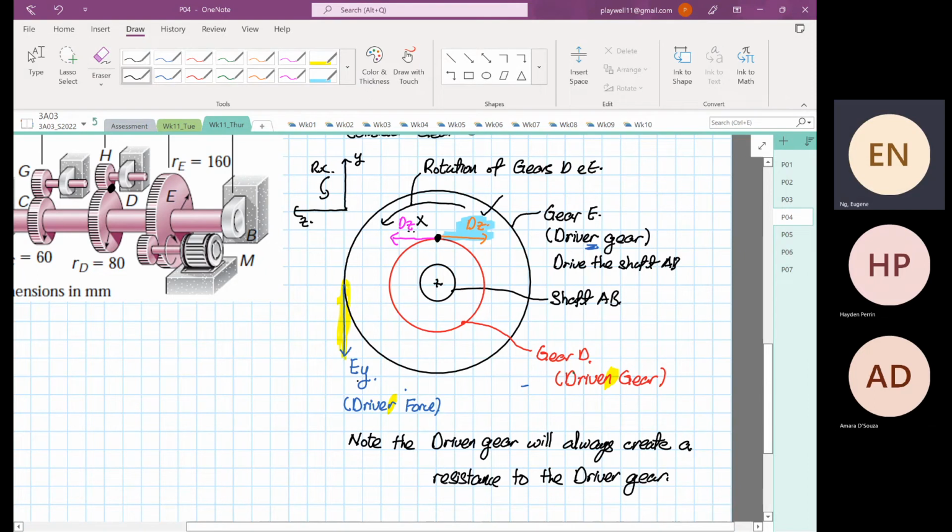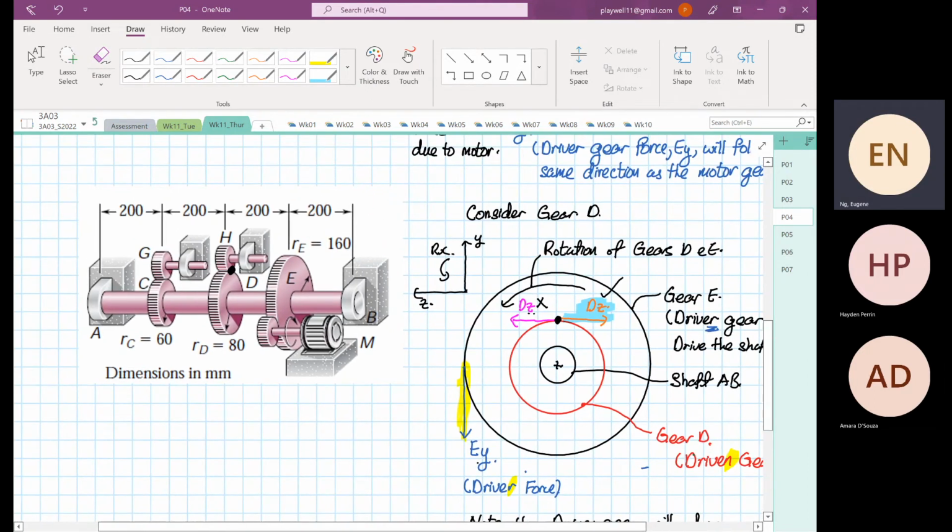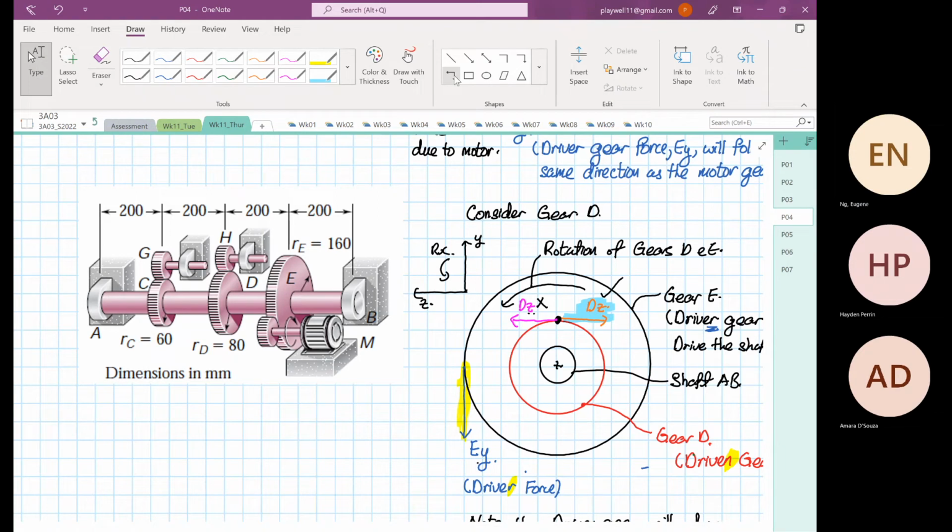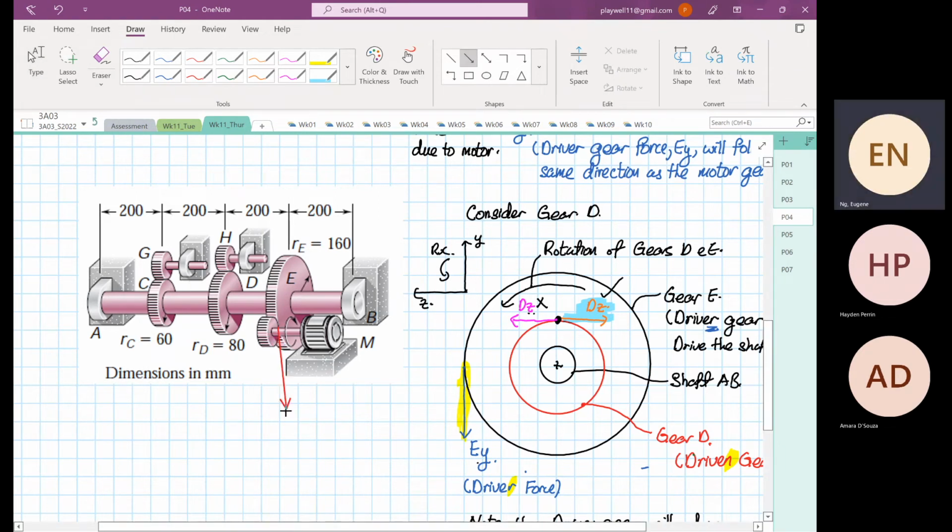Okay, so DZ. So from that point of view now, we know that this is our EY, right? Over here, you look at the direction. Sorry, I should have used the same color or red. You realize that over here, at the point of contact, this happened at the point of contact. Okay, so this is your EY. We know why, right?